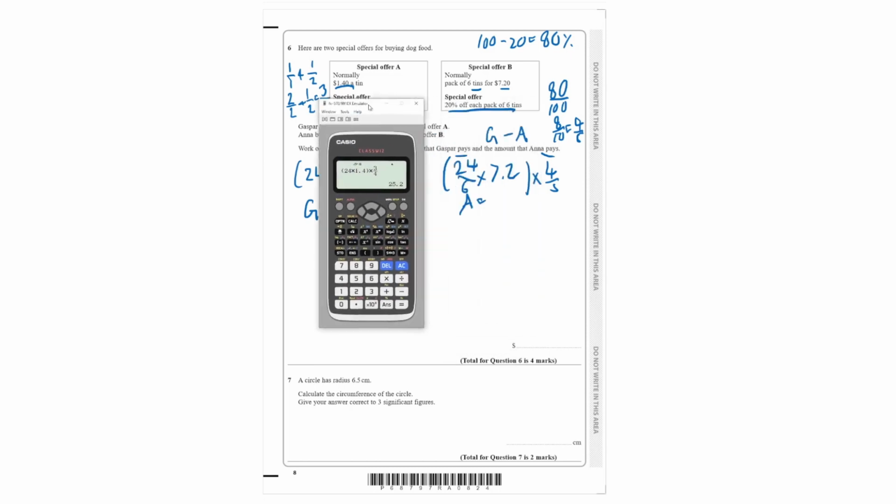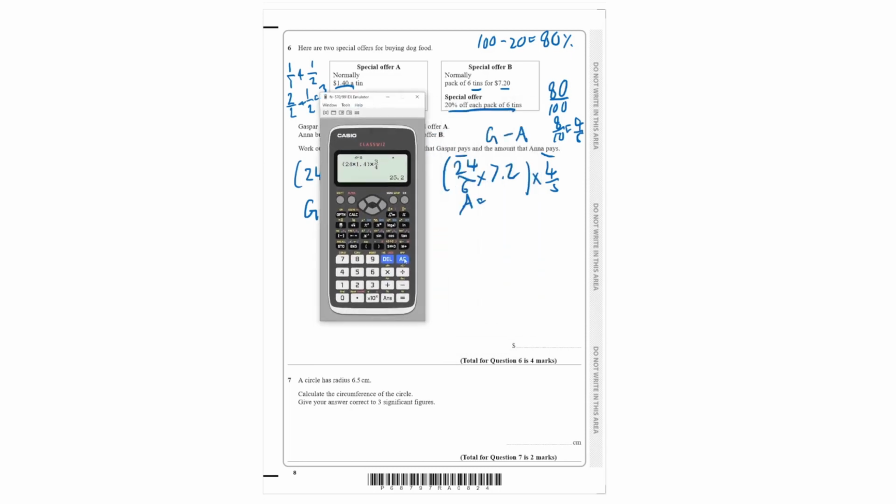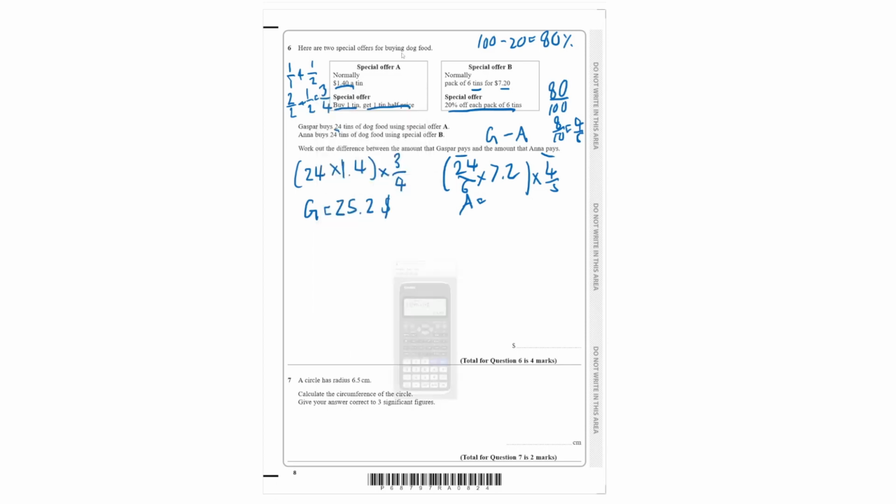We have here 24 divided by 6 times 7.2 times 4/5. We have 23.04.